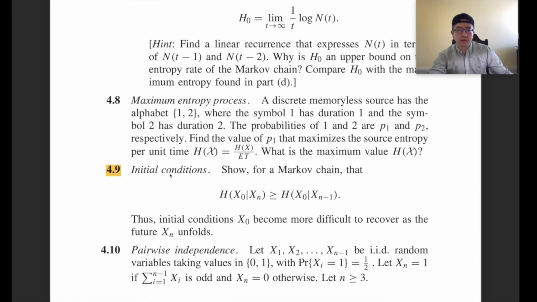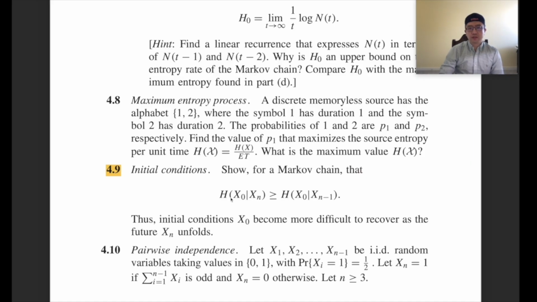Our next question is 4.9, initial conditions. We need to show for a Markov chain that this inequality is satisfied. Thus, the initial condition x0 becomes more difficult to recover as future x unfold, right? Okay, let's think about how we can solve this problem.